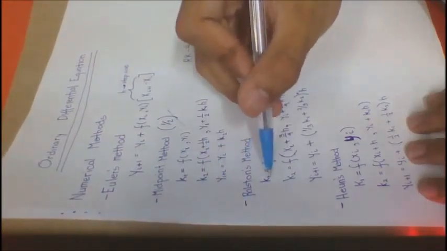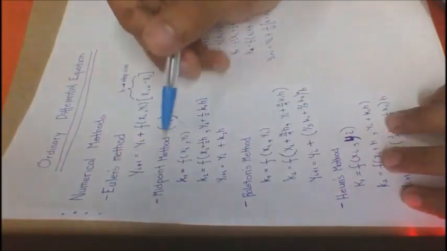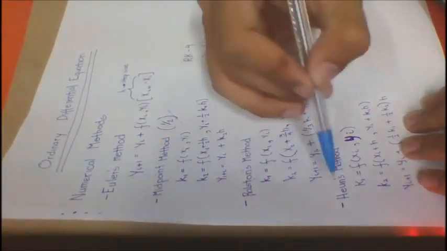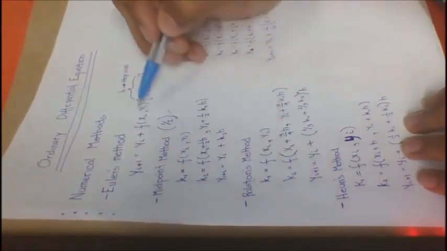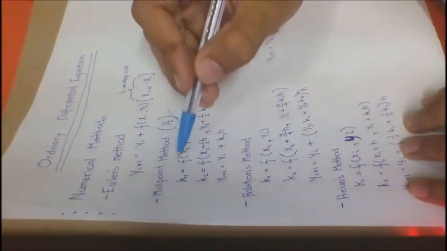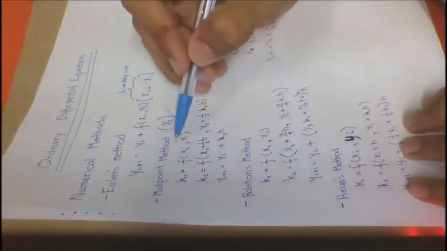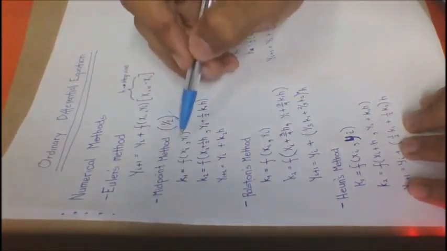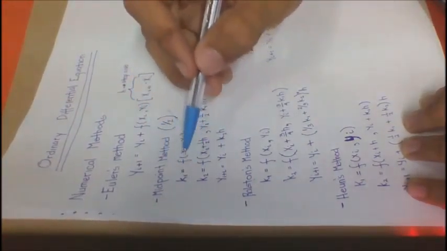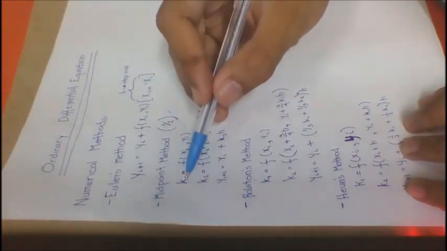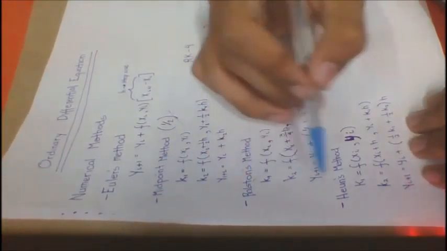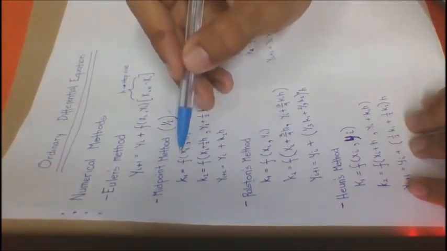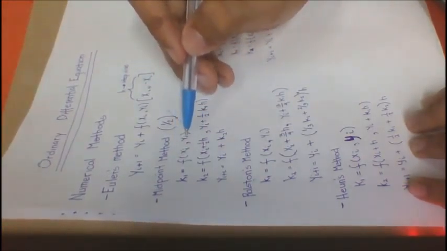For K1, the equation is the same for the three methods: K1 is simply equal to the function value at x_i and y_i, or at the initial values.